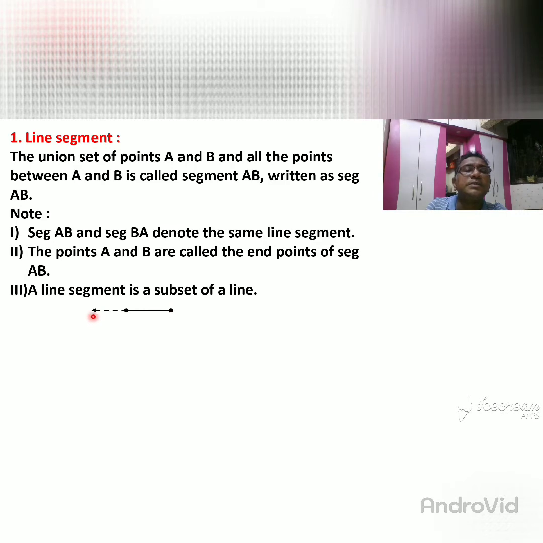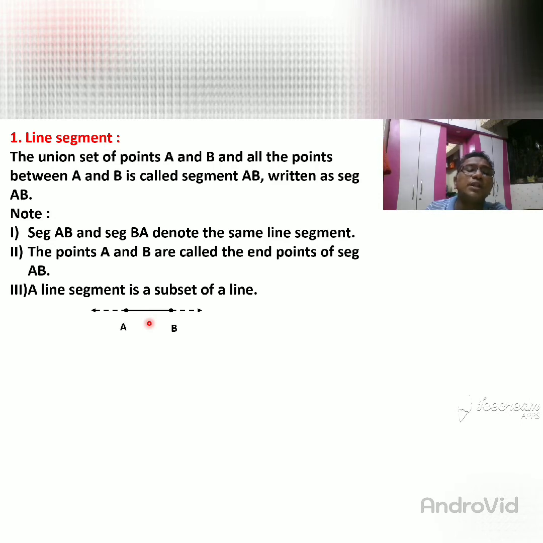This portion has an arrow, and this side also has an arrow. So this is a line. Then on this line there is a limited portion you can see, shown by the dots. This dot and this dot. The distance between these two dots is called the segment.